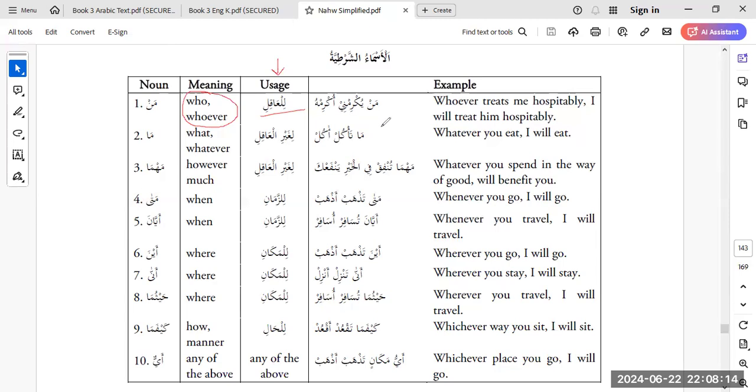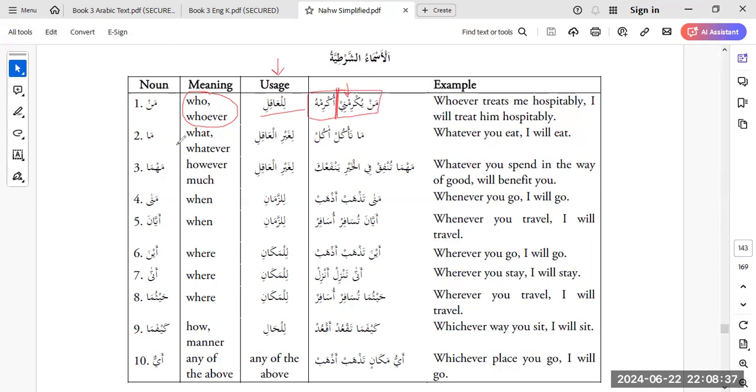Whoever, like you say, man yukrimni, you see, majzoom, yukrimni ukrimhu. Whoever treats me well, whoever respects me, or whoever treats me hospitably, I will treat him hospitably. Ukrimni. So you do not have a comma in Arabic, but we know that this is shart and this is jawab shart, like that. All right.